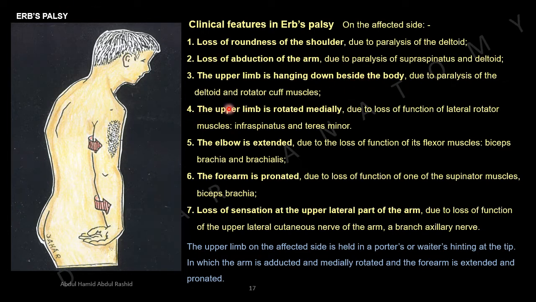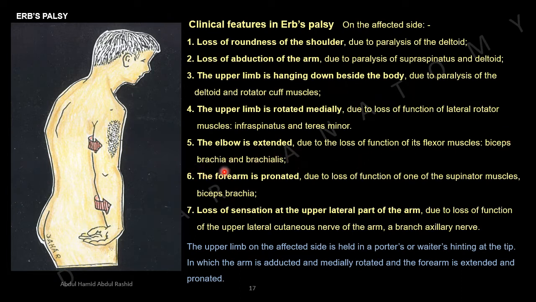The upper limb is rotated medially due to loss of function of lateral rotator muscles. They are infraspinatus and teres minor. Number 5, the elbow is extended due to the loss of function of its flexor muscles. They are biceps brachii and brachialis.